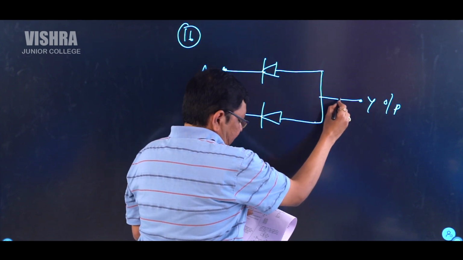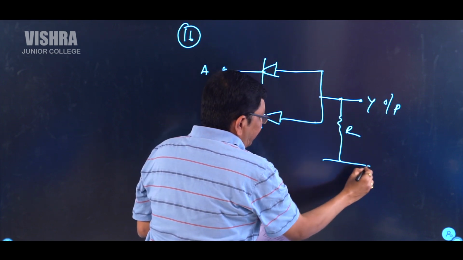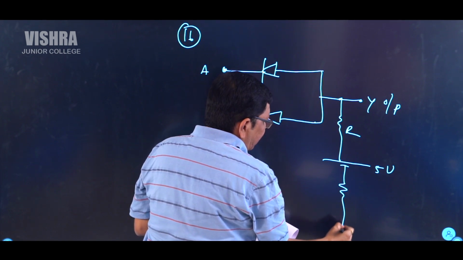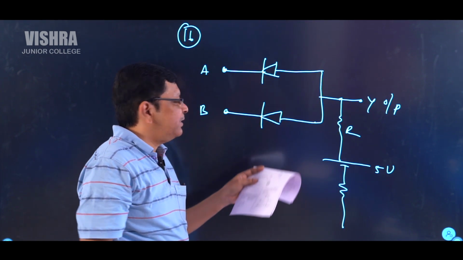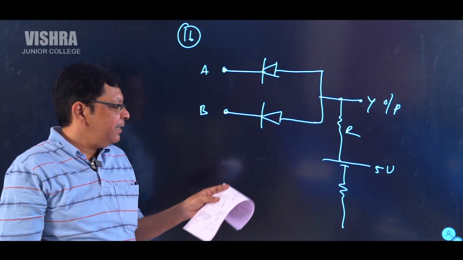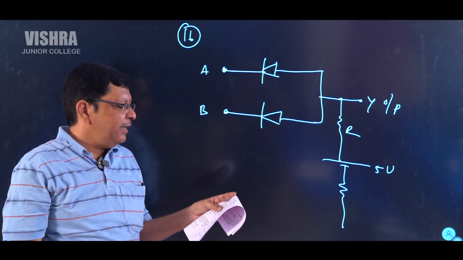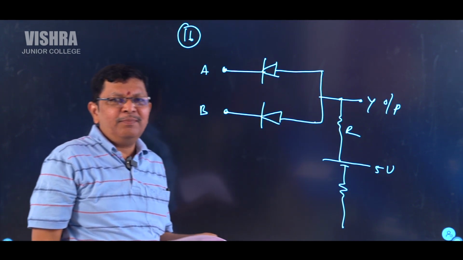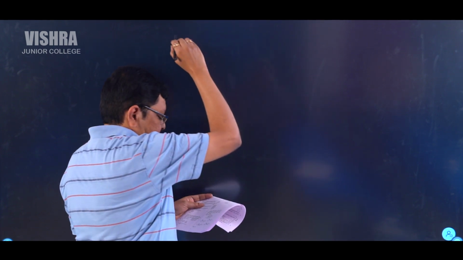This Y is connected through a resistance R to a battery of potential difference 5 volts, and these two to earth, and here are A and B. Naturally, this is the circuit of an AND gate. The options given are OR, NOT, AND, NAND. It is basically the circuit of an AND gate, a completely theoretical question. So let us go to the next one.